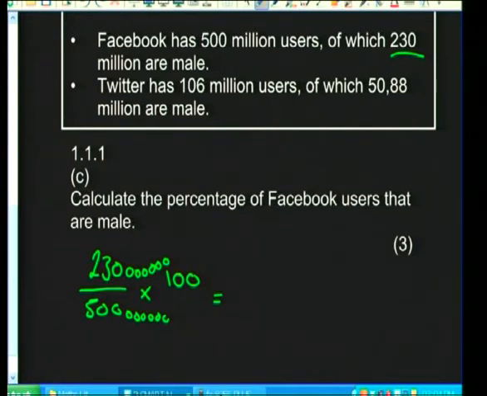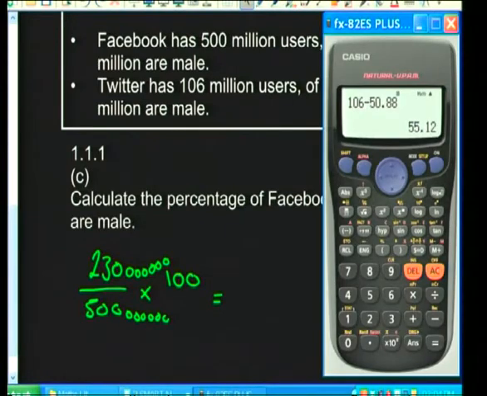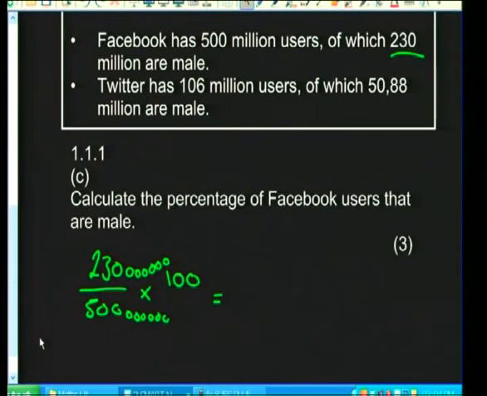Again, folks, let our calculator do it. Fraction button, 230 million, 1, 2, 3, 4, 5, 6, over 500 million, 1, 2, 3, 4, 5, 6. Then we multiply that by 100, because we're changing it to a percent, and my answer is 46%. So I have 46%.